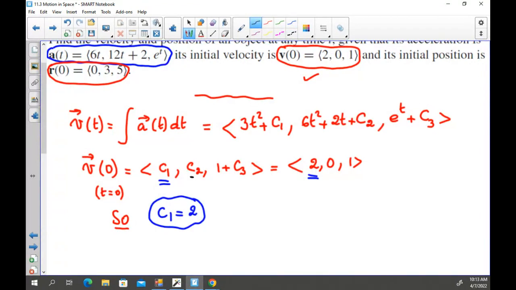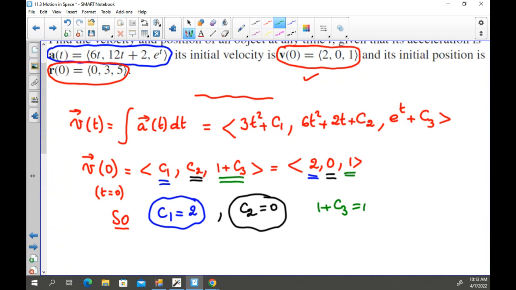Second, this C2 is 0. And finally, the third one, 1 plus C3 is equal to 1. So C3 is 0.